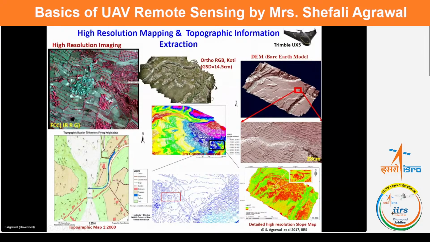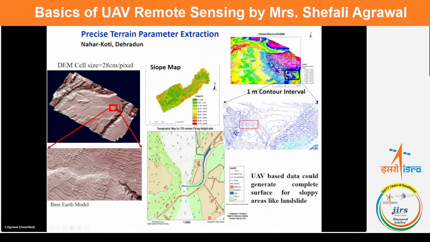The contours on the various tree heights can also be visualized very clearly. Very subtle slopes are also mapped using the drone data set. This is the range of slopes which we could map, and it could generate very accurate information even in slightly sloping lands.